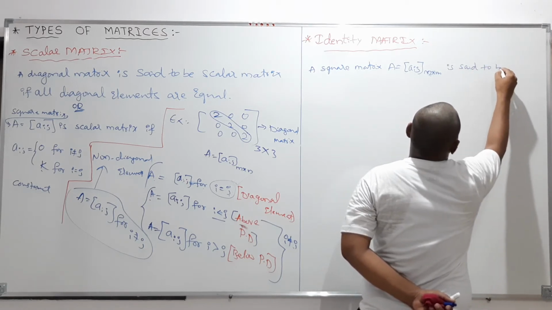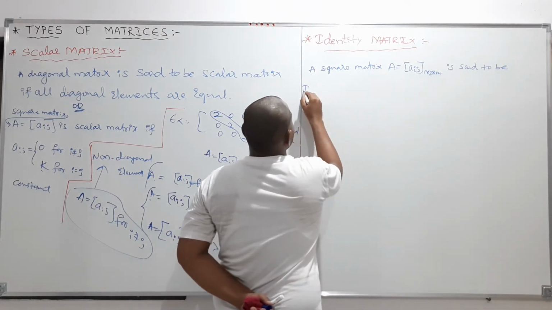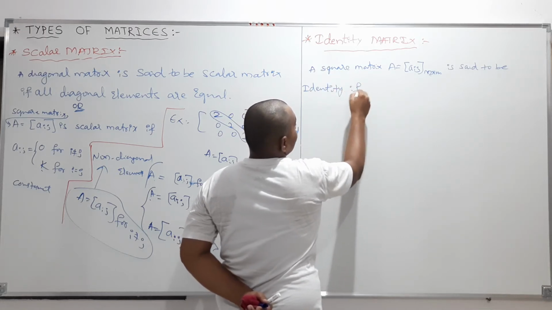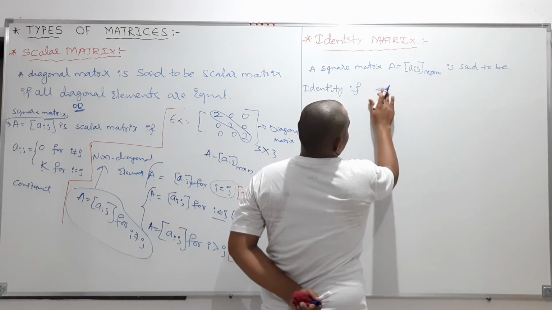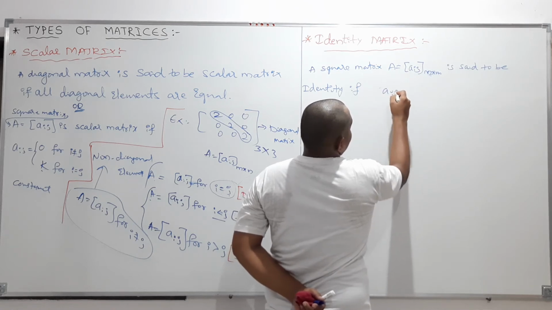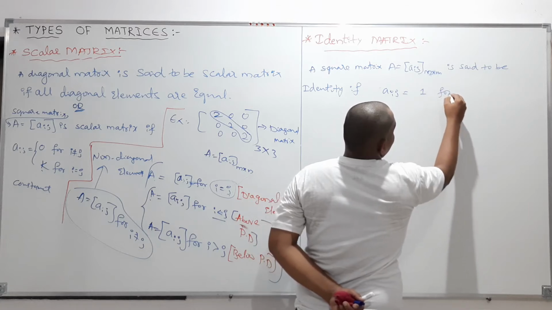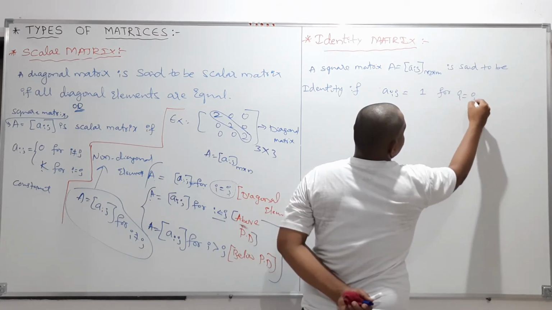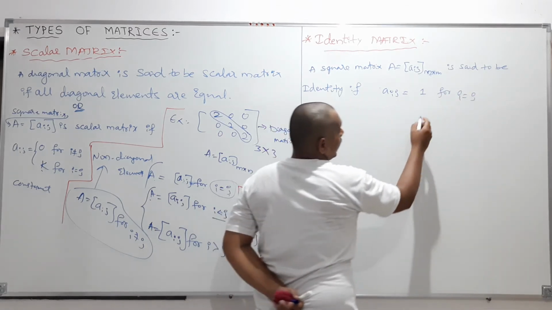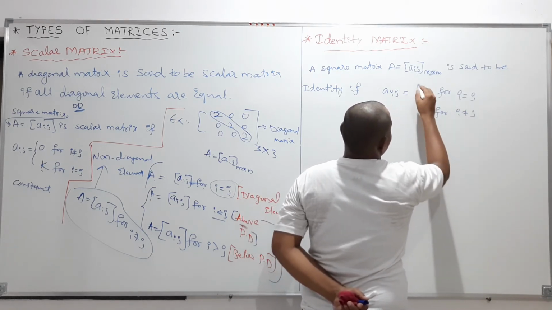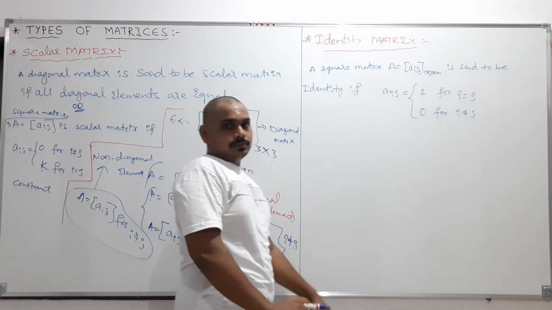is said to be identity if Aij is equal to 1 for i equals j and 0 for i not equal to j.